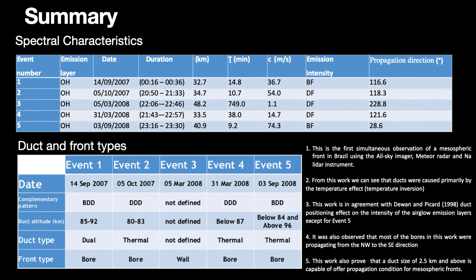It was also observed that most of the bores in this work propagated to the northwest and southeast directions. And this work was proof that a duct size of 2.5 kilometers and above is capable of offering propagation conditions for the mesospheric front.